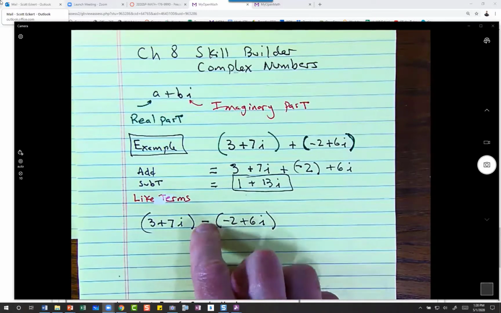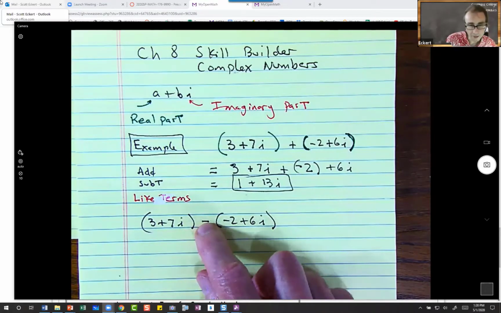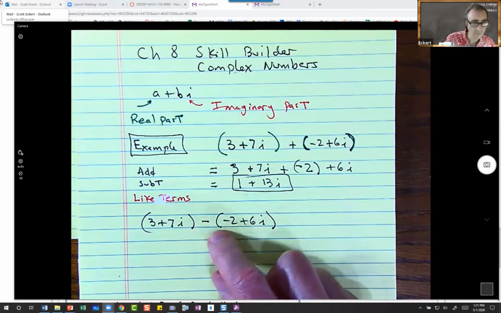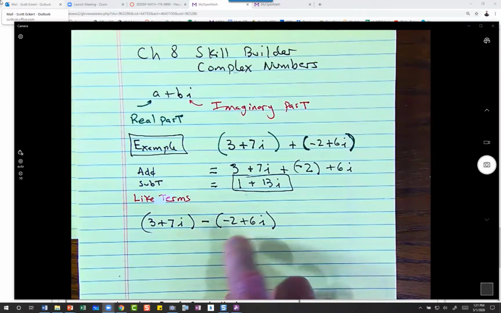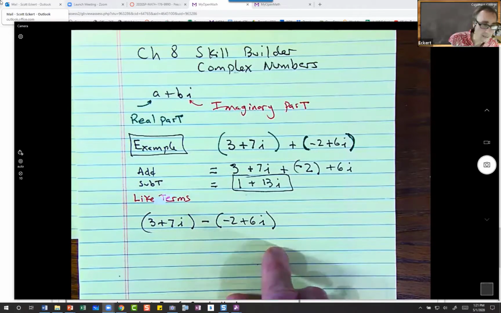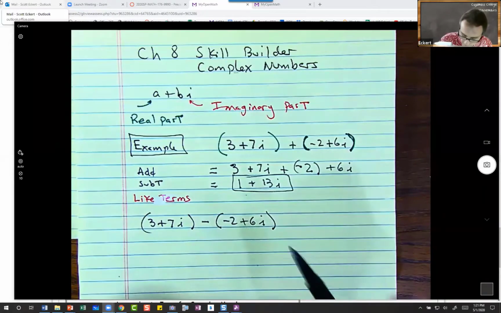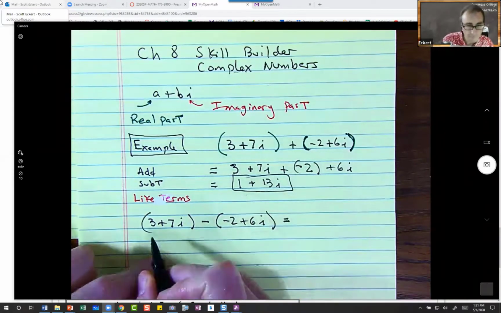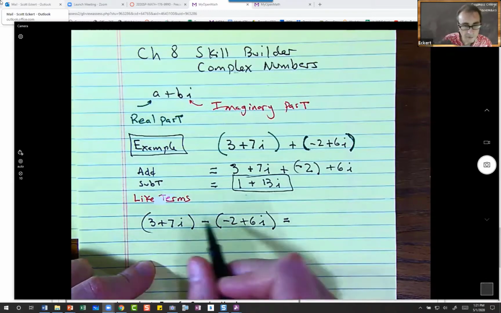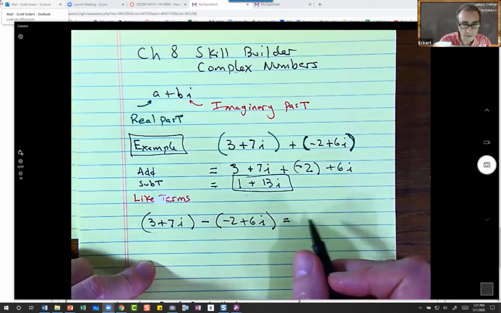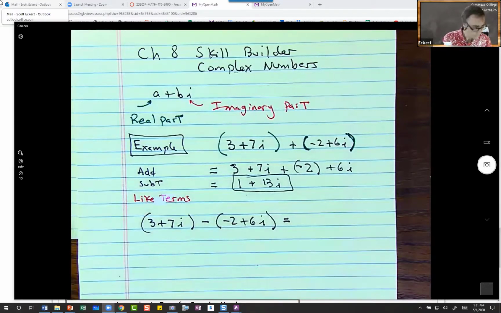So if I'm subtracting the whole group, what is this subtraction going to do to that complex number? Make it positive. Everything is going to switch signs. So I want you to take the parentheses off and use algebra correctly to simplify this without parentheses. So write the next step without parentheses.